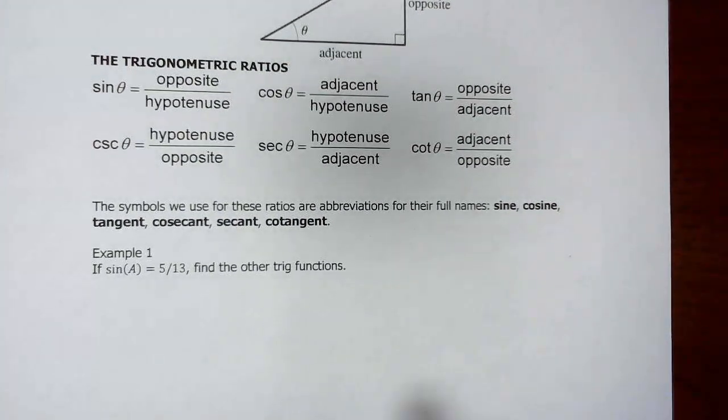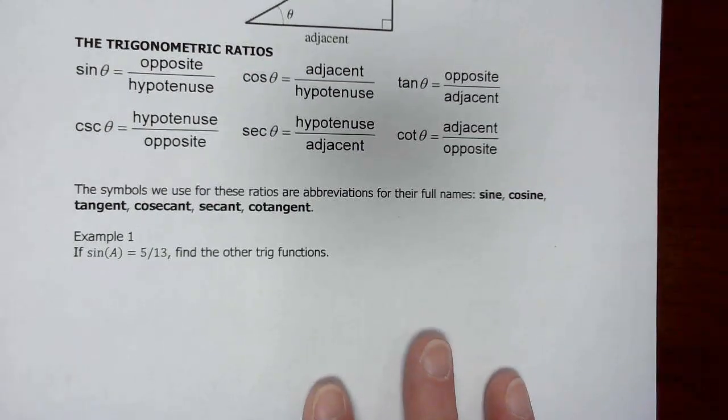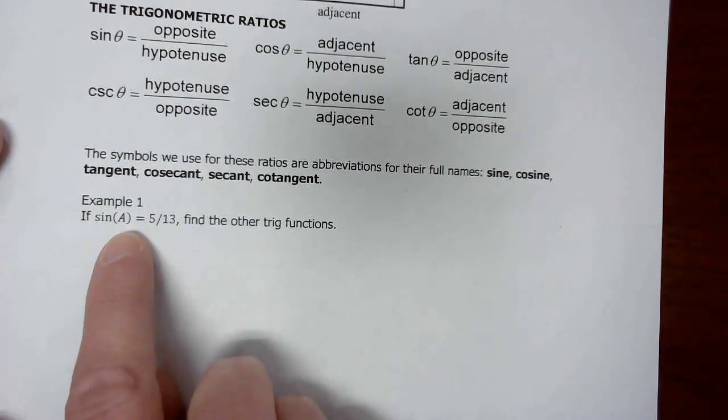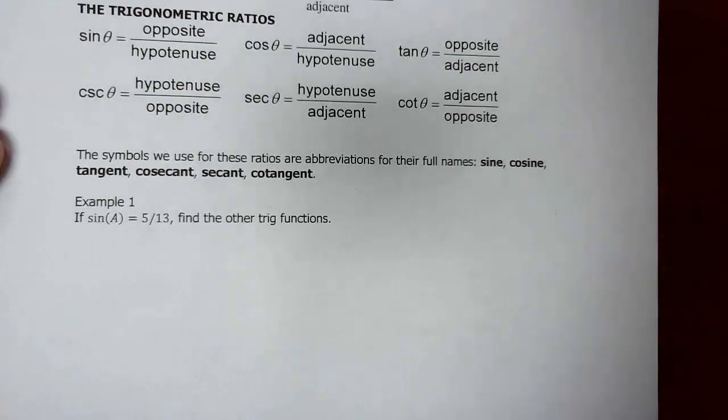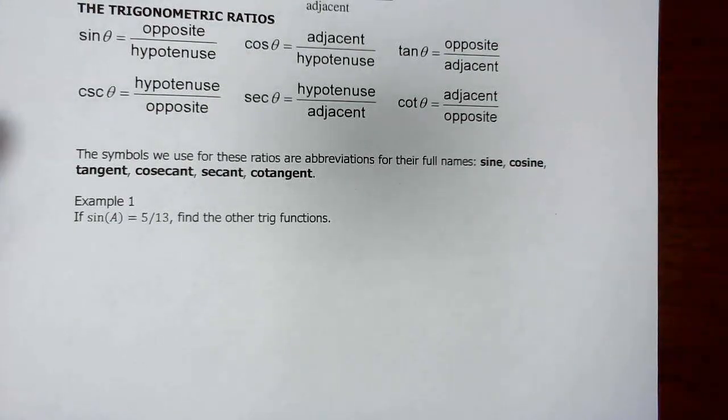So let's say I know that the sine of some angle A is 5 over 13, and I'm being asked to find the other sides. So let's first draw what we're given.